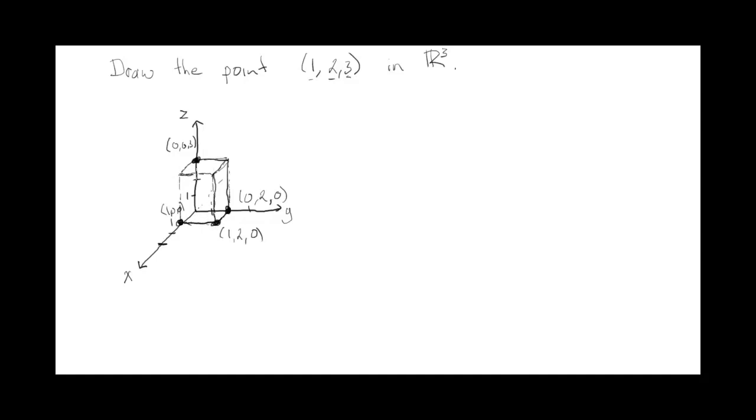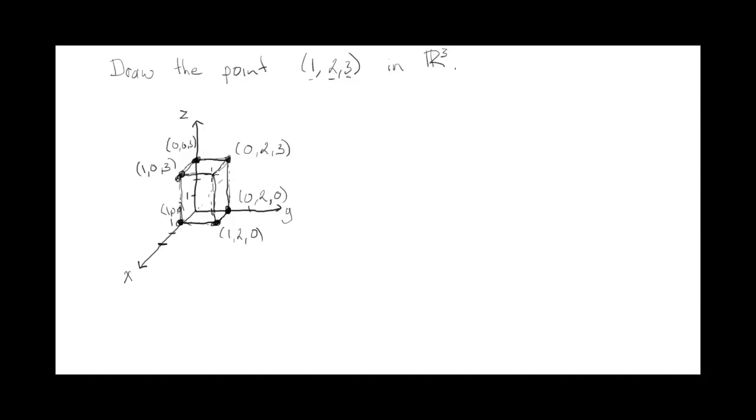You could label all 8 corners if you want. You don't have to. Sometimes it helps. We've already labeled 4 of them. Of the other 4, this point at the top is on the YZ plane, so that would be the point 0, 2, 3. And this point over here is on the XZ plane, and that would be the point 1, 0, 3.